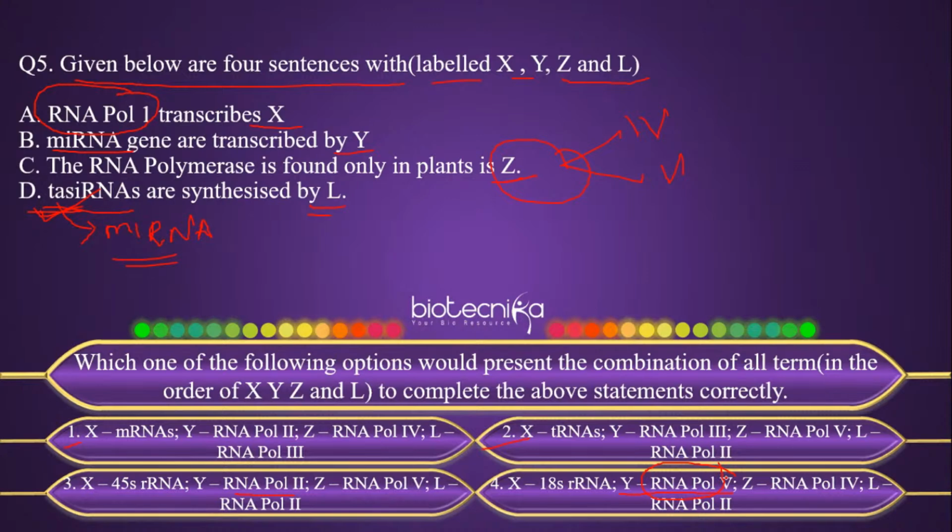That is incorrect, because all the small RNAs like siRNAs, snRNAs, microRNAs are transcribed by RNA polymerase 2. As I already mentioned, siRNAs are transcribed by polymerase 2. So for this, you can remember this table.